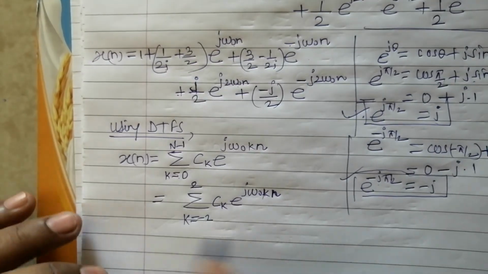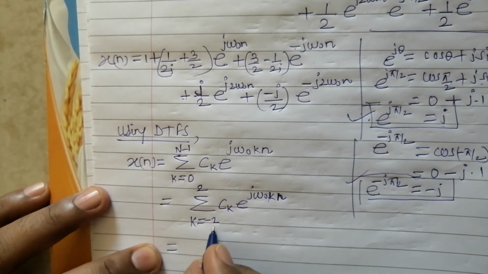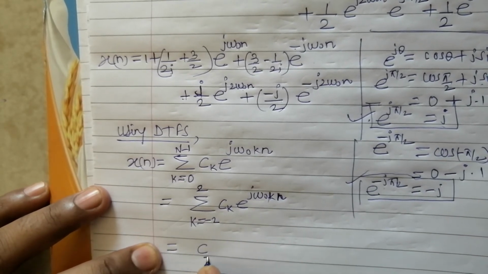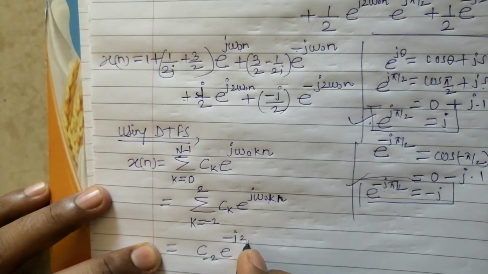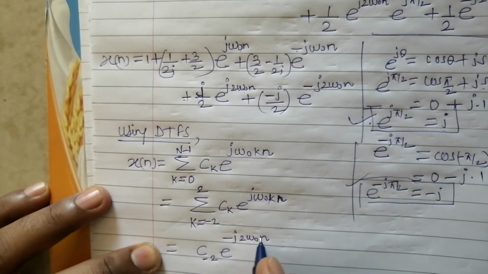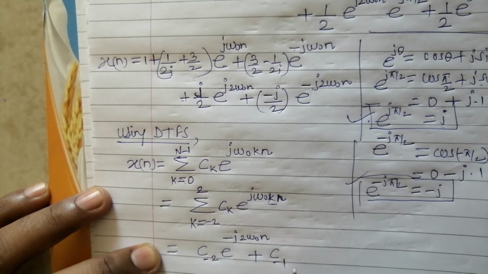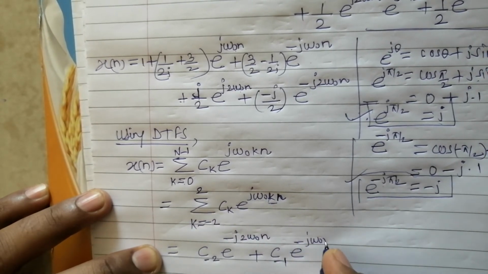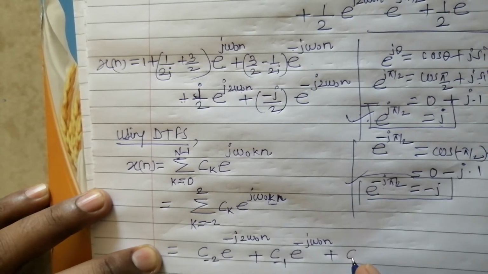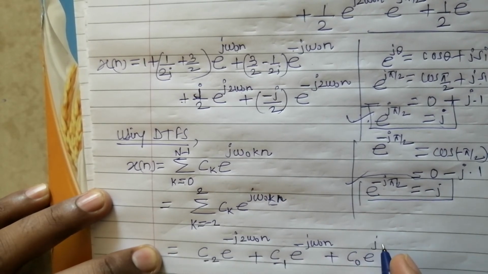Okay, now expand it. इसको एक्सपांड करते हैं तो k की वैल्यू माइनस 2 शुरू करते हैं. So c minus 2 e raised to power minus j 2 omega naught n. At the place of k, minus 2 is placed here. Now plus c minus 1 e raised to power minus j omega naught n, plus c 0 e raised to power j, and the value of k will be 0 here.